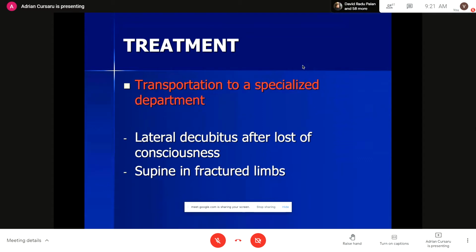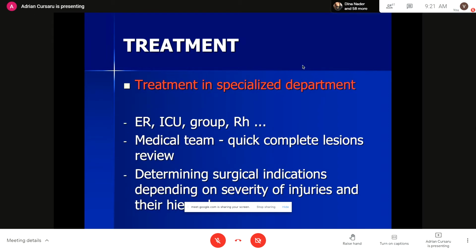You have to put the patient in lateral decubitus after the loss of consciousness, and it is very important to supinate in fracture of the limbs. But you have to think about it, and you have to make a diagnosis of the fracture before making those maneuvers.